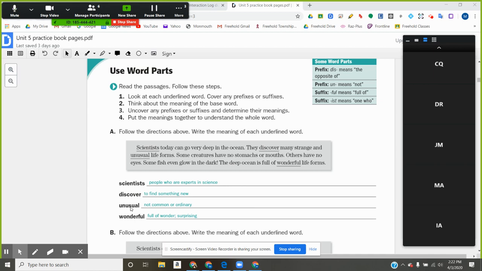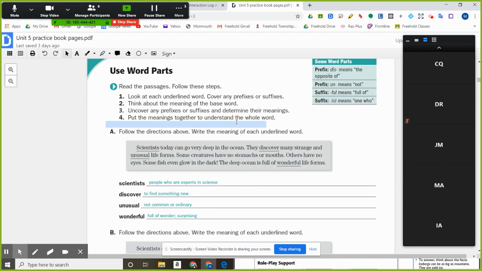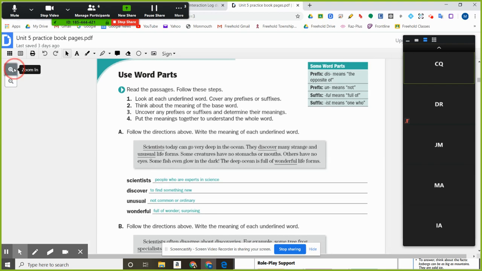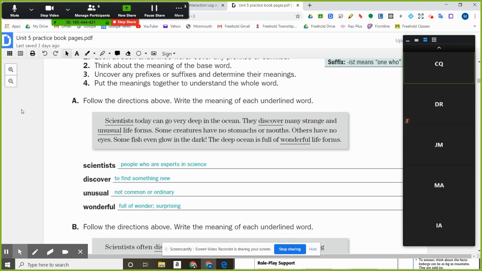You want to do it, Christian? Oh, yeah, I think you can do it. Christian, start with what is the base word? Unusual. Oh, why did it all highlight like that? Yes, usual. Good. So what does usual mean? Yeah, it's something normal, right?